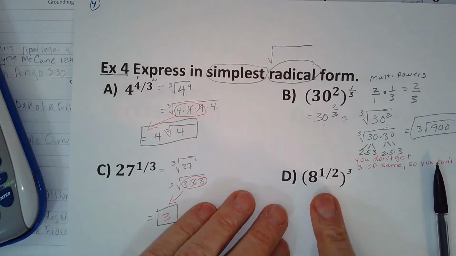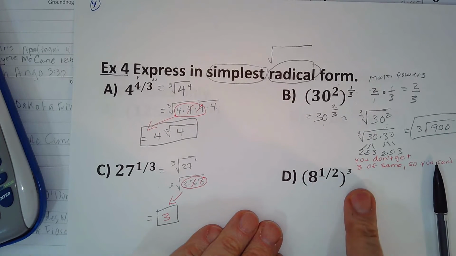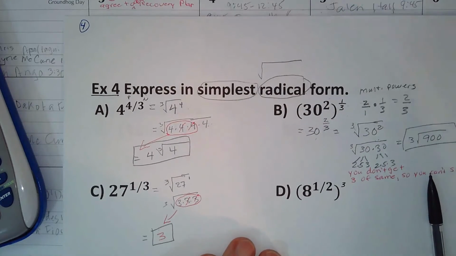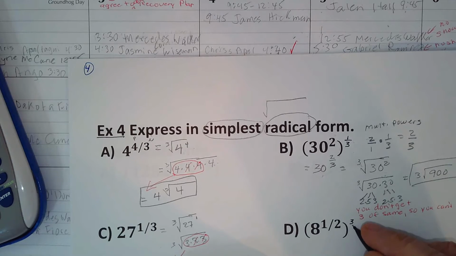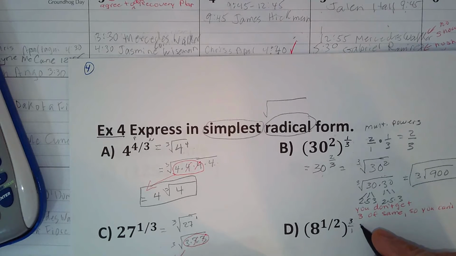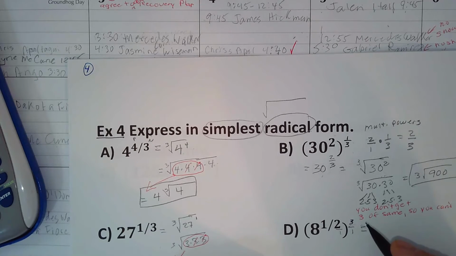Now this one is 8 to the 1/2 to the 3rd power. Okay. So we're going to remember here that this is really 3 over 1. Right? 3 over 1. So this is going to be the same as, if we multiply this across, oh, I'm sorry.